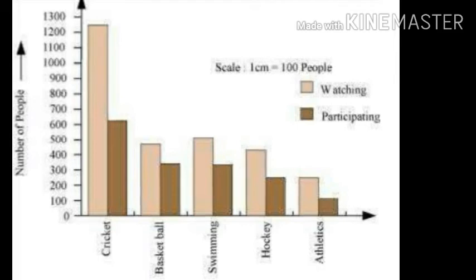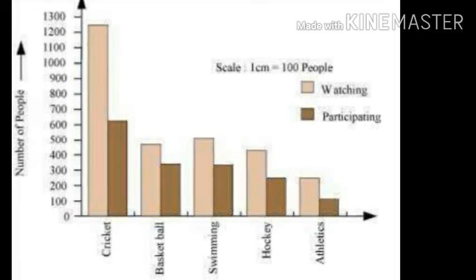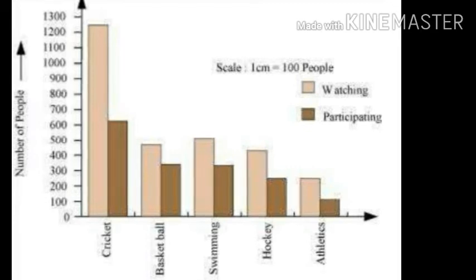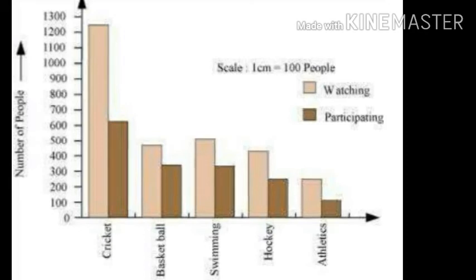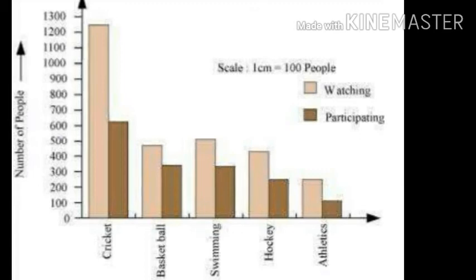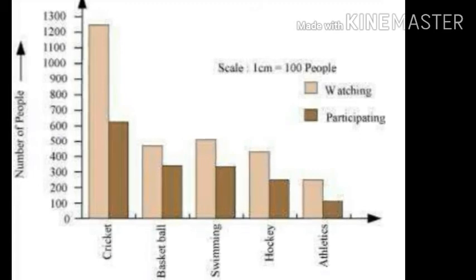From the bar graph, it can be observed that the bar representing the number of people who like watching and participating in cricket is the tallest among all the bars. So cricket is the most popular game. And the bars representing watching sports are longer than the bars representing participating in sports. Hence, watching different types of sports is more preferred than participating in the sports.